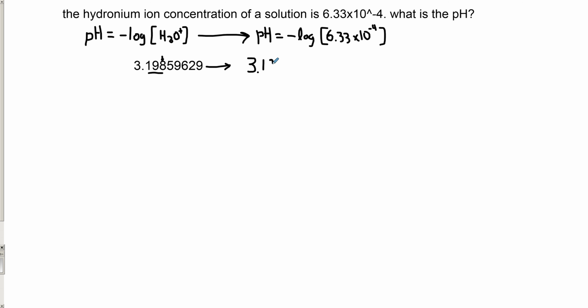And this doesn't have a unit. In other words, you don't say 3.199 pHs or pHs per liter. No, it's just the pH is this number. It has no unit attached to it. So you can feel great about the fact that finally there's no unit that you need to write down.